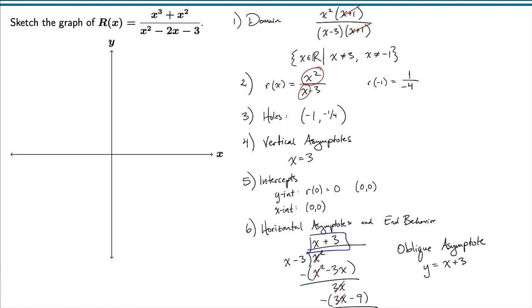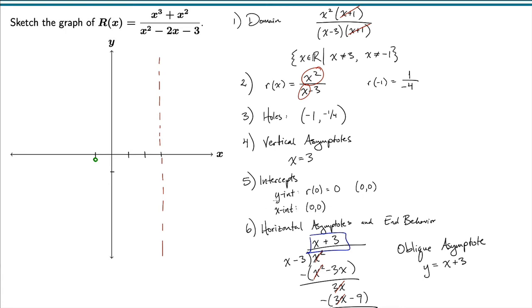So we have, first of all, a hole at (-1, -1/4). So -1 and -1/4 is right around here. So there is a hole. We have a vertical asymptote at x equals 3. 1, 2, 3. And there is our vertical asymptote. We have our x and y intercept is just (0, 0).